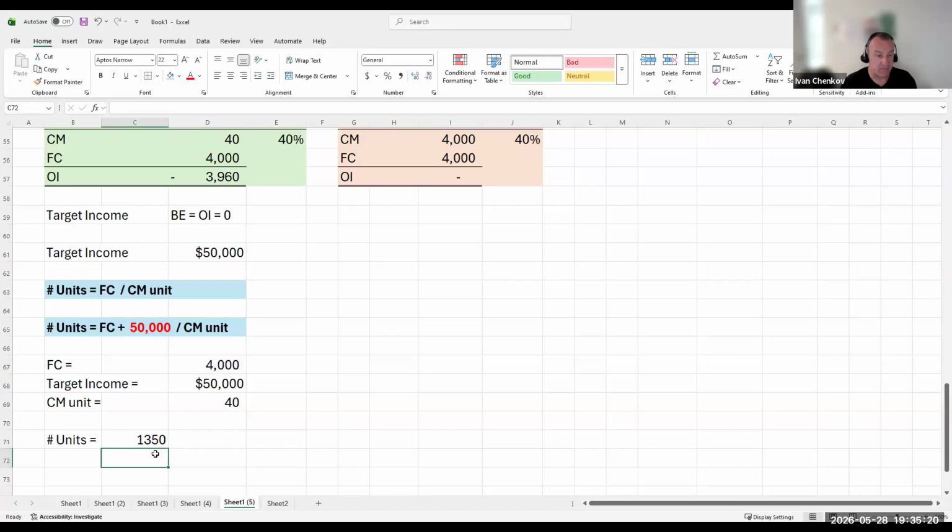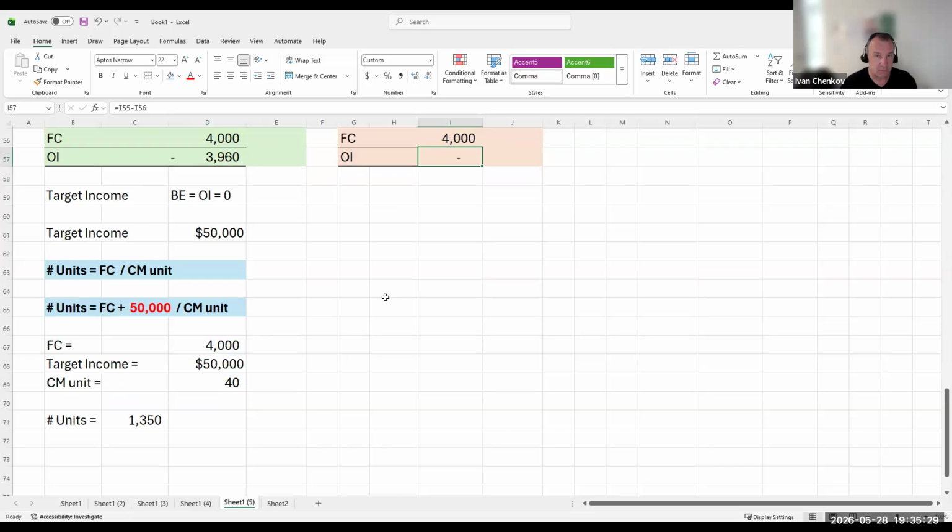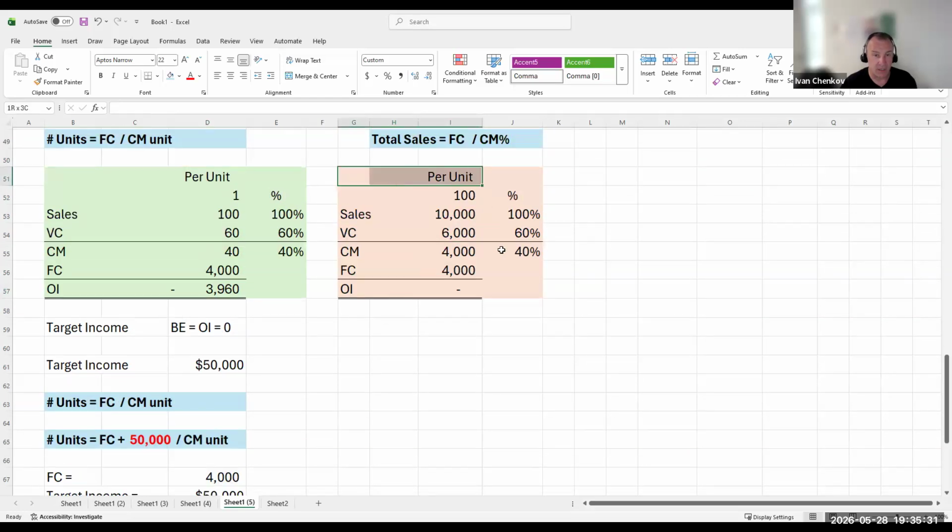In other words, if I sell 1,350 units, my operating income is going to be $50,000.